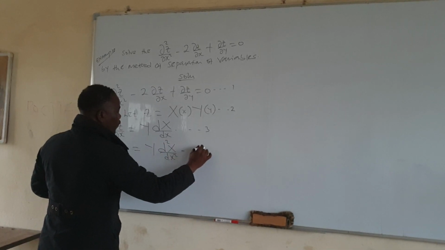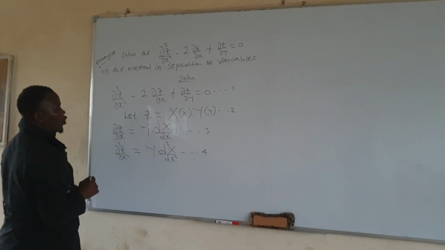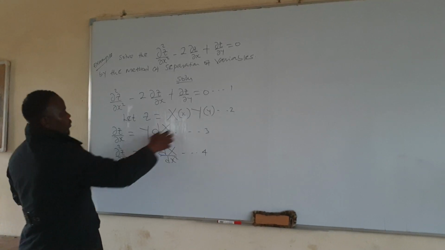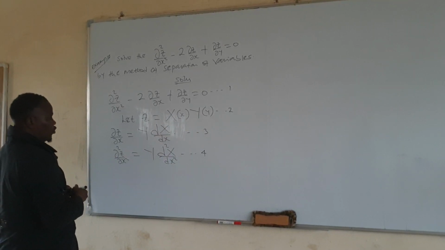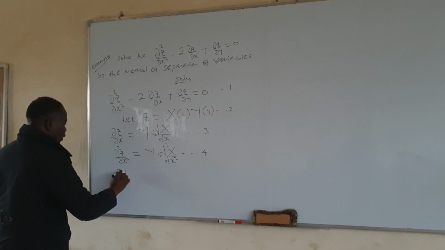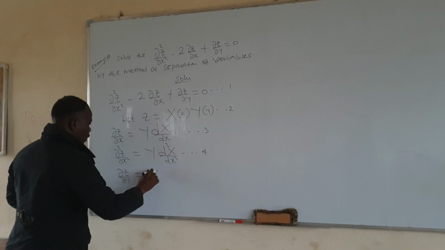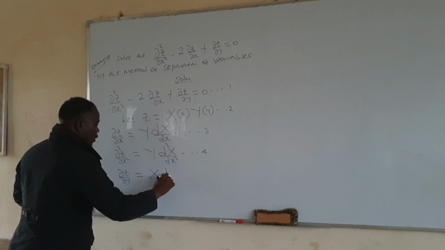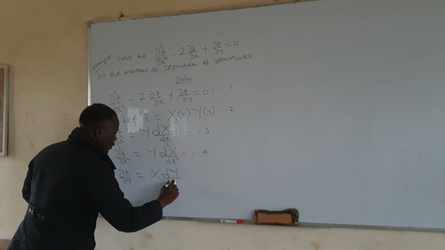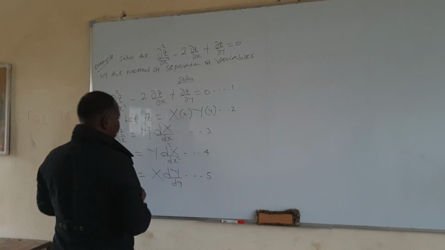This is equation 4. Then we differentiate equation 2 partially with respect to y. So we have partial z all over partial y equals X dY all over dy, which is equation 5.